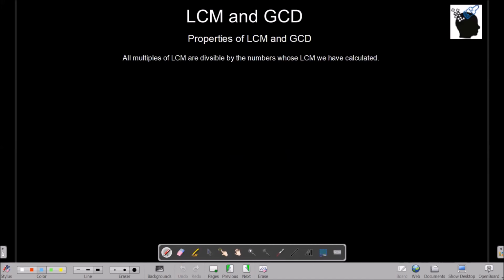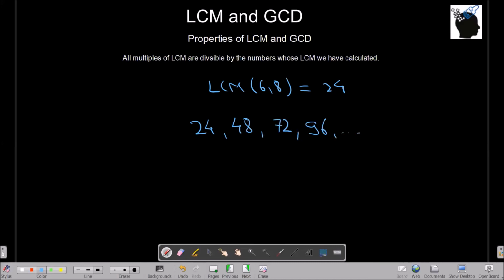Now all multiples of the LCM are divisible by the numbers whose LCM we have calculated. Let's take an example. Let's say we are trying to find the LCM of 6 and 8, which is 24. What we are saying is that all multiples of 24 will be divisible by 6 and 8. So let's take multiples of 24, which are 24, 48, 72, 96, and so on.